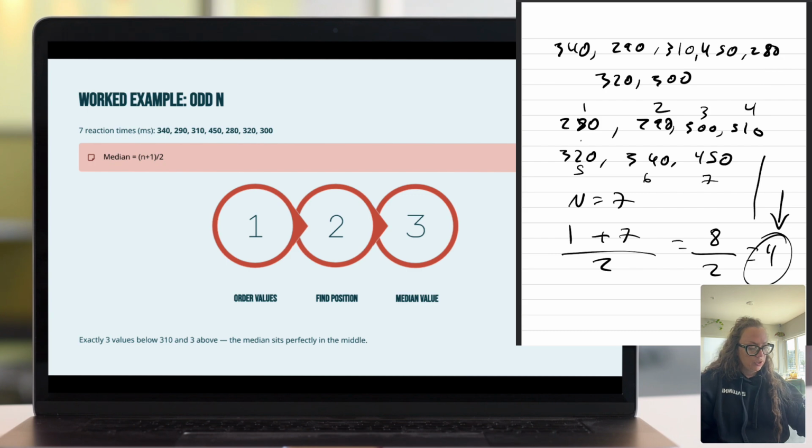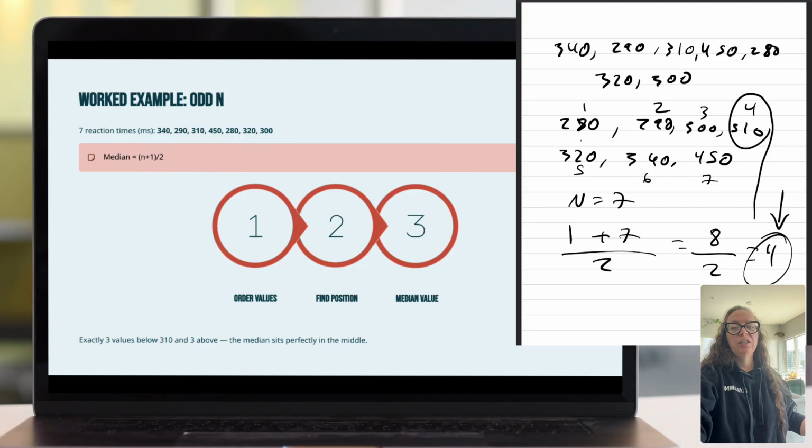Position 4 equates to this position here, 310 milliseconds. The median is 310 milliseconds. So notice there are exactly 3 values below 310: 280, 290, 300, and exactly 3 values above: 320, 340, 450. The median is right in the middle, okay?